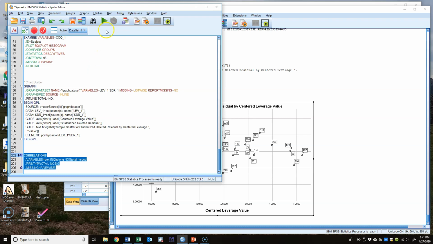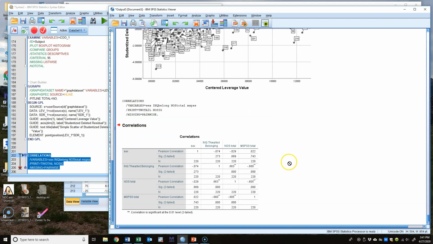But if I go through and take a look at my correlations, I'm seeing some strong correlations here between my outcome, my MSPSS, not super related to participant sex, but there's a pretty strong negative correlation with thwarted belongingness. So as my feelings of alienation go up, my perceived support goes down. As I start to get increasingly anxious and hesitant about utilizing support, my reported perceived support goes down.